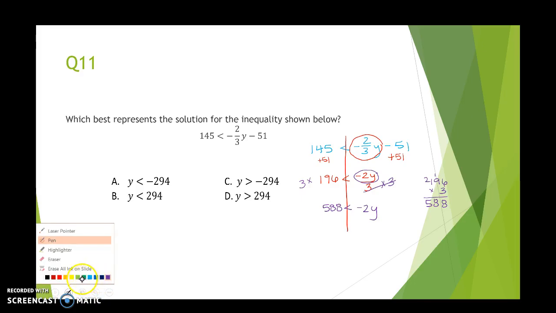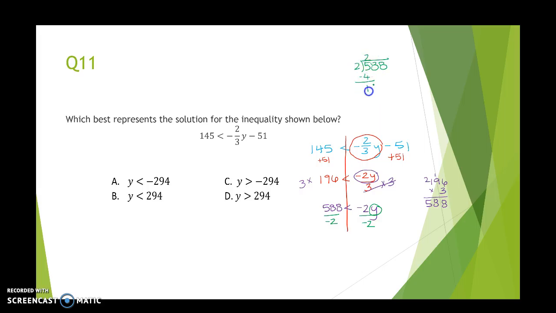Okay, this should be about the last step. So now I want to get y by itself. I do that by dividing by negative 2. Divide by negative 2. So I'm going to go up here and do 588 divided by 2. 2 times 2 is 4. 5 minus 4 is 1. 18. 2 times 9 is 18. 0.